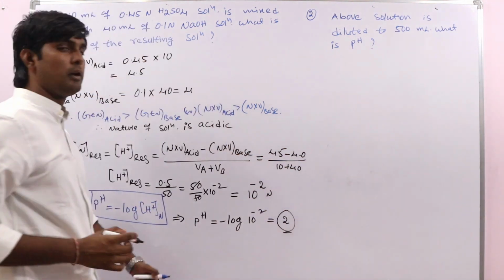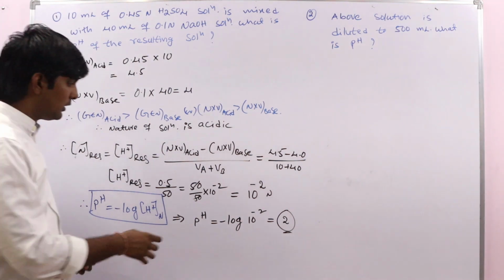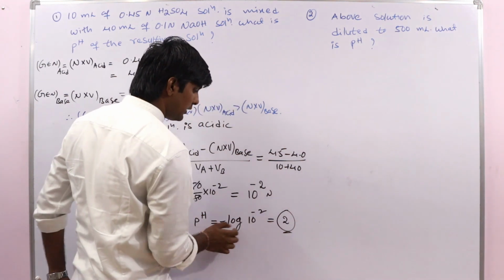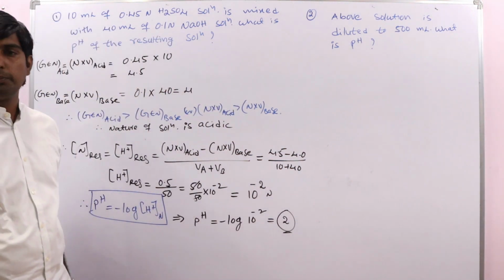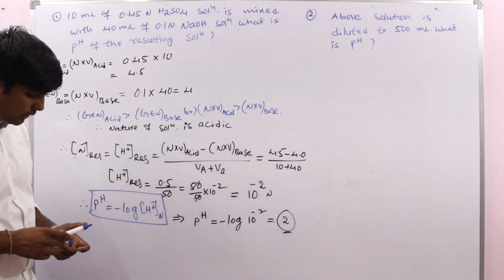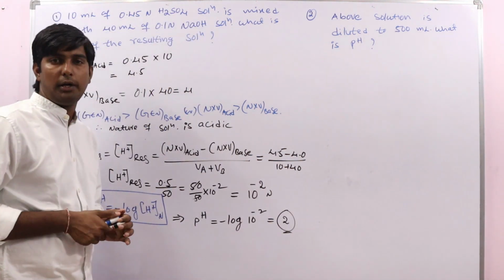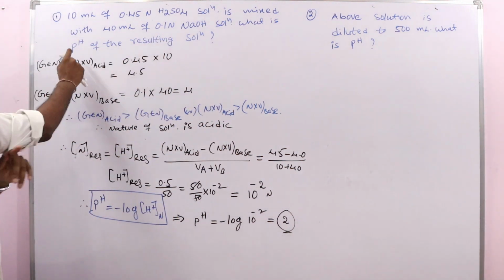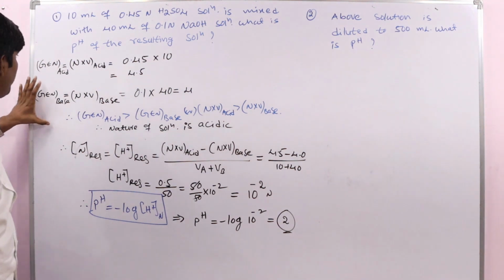So what is the answer? 2 is the answer. The minus 2 comes out, so we get minus into minus, plus. So pH equals 2. So very simple and very important model. First find the number of equivalents of acid and number of equivalents of base.